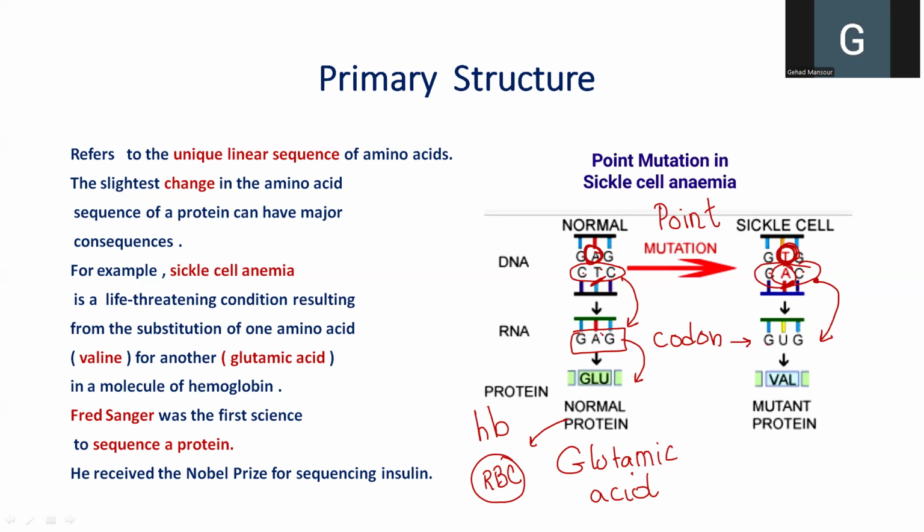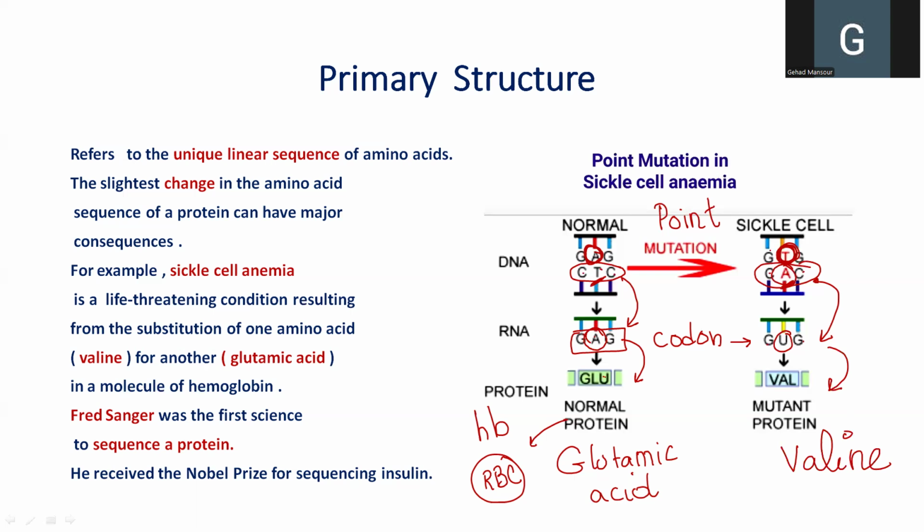It's only one difference in the codon, but this time GUG will not be translated into the amino acid glutamic acid, but it will be translated into the amino acid valine. So what does this mean?